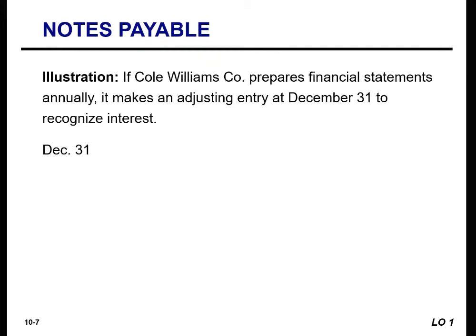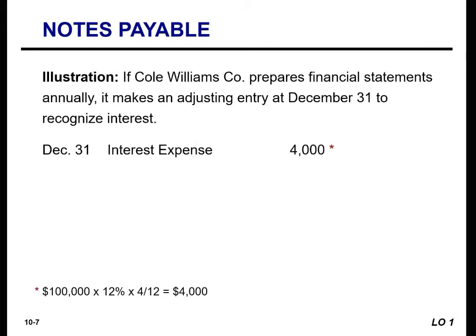For that, we have an interest expense of $4,000. That is $100,000 multiplied by 12% multiplied by 4 out of 12 months. We don't post that to notes payable because our notes payable is going to represent the face value of the note. We post that to our interest payable account.